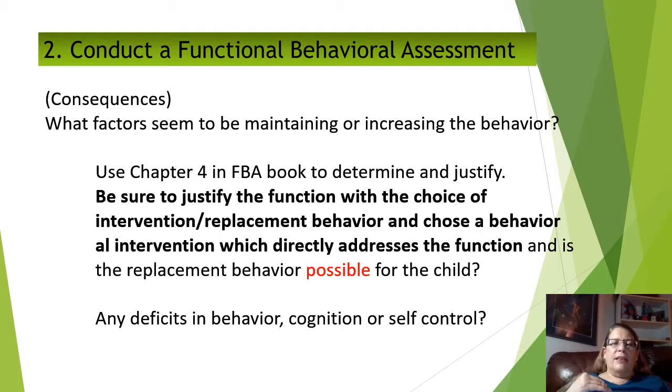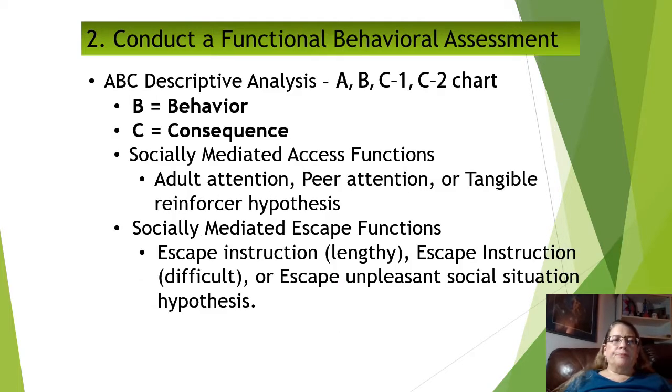At this point, you're going to be at least identifying what kind of behavior is happening around them, and use that terminology. You can use positive or negative reinforcement if it's increasing behavior, or you can use positive or negative punishment. That's fine. But when you're talking about your intervention and your replacement behavior, that's going to be a little bit later down the line. All right, so you've done your A, B, and your C.